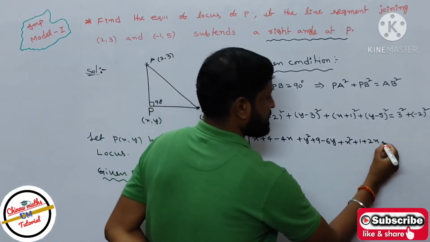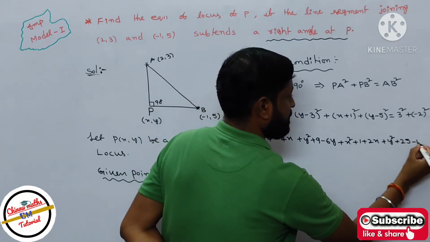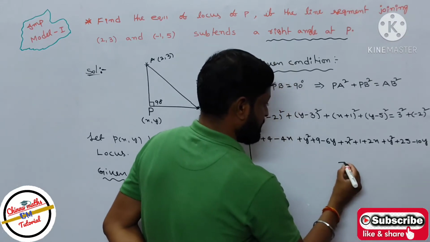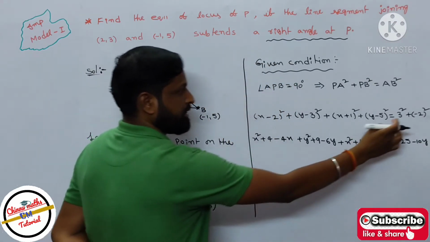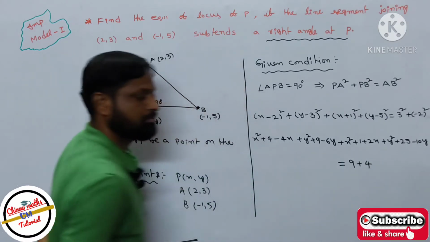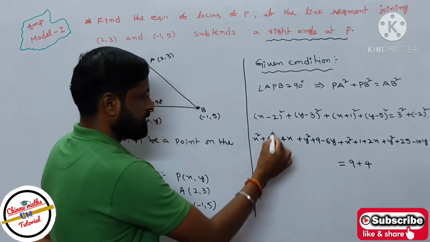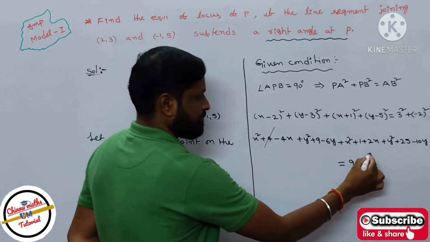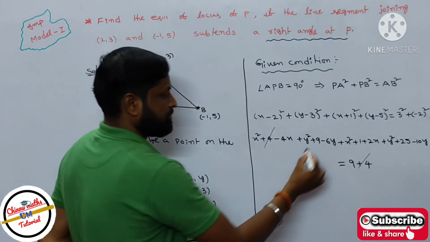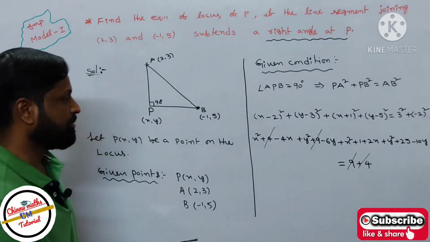Again plus y square plus 25 minus 10y. It is equal to 3 square means 9 plus 2 square means 4. Clear? Equal terms on both sides get cancelled. That is plus 4 cancel. Next plus 9 cancel.